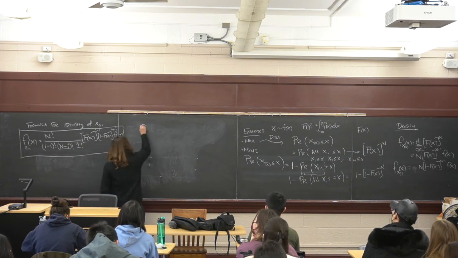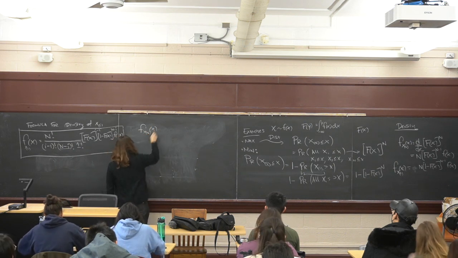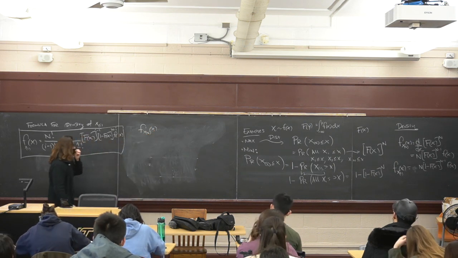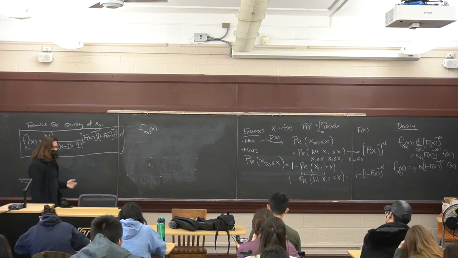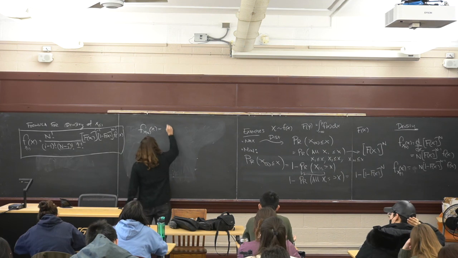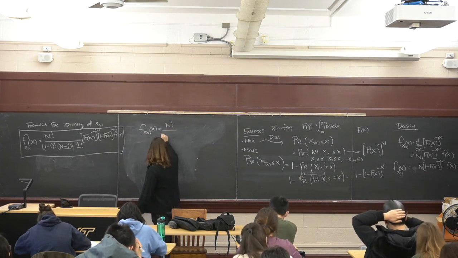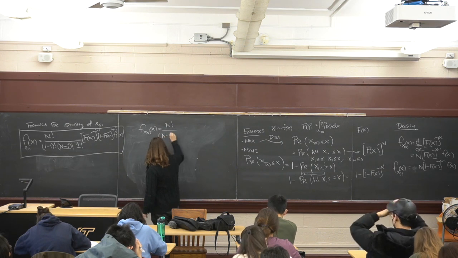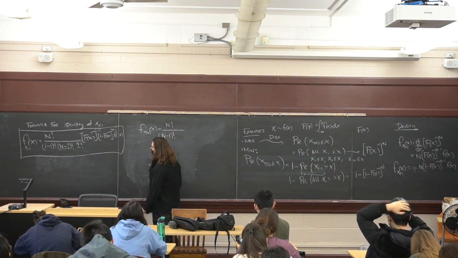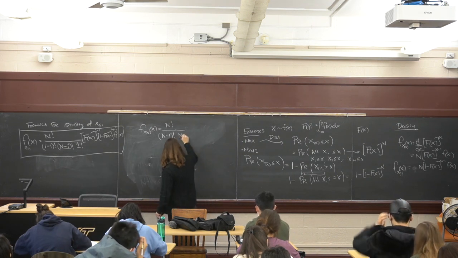So, f_X(n). Call my dummy argument x. We'll have to change that for joint order stats. But this is going to be n factorial over n minus 1 factorial. i is n in this case. And then I have n minus n factorial.